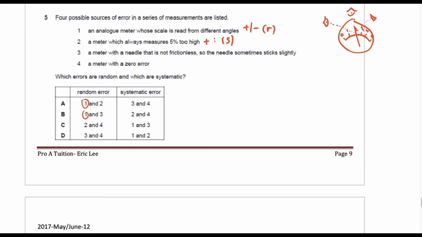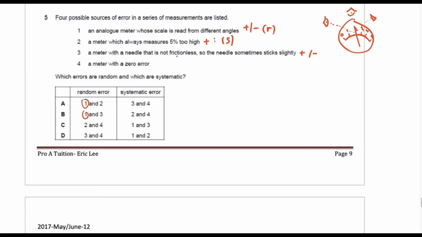Number 3, a meter with a needle that is not frictionless. So the needle sometimes sticks slightly. For this situation, the error can be positive or negative.